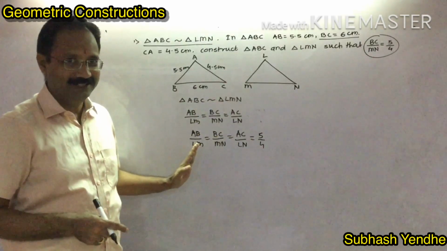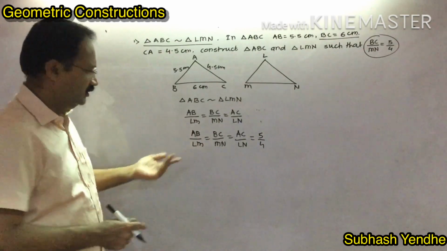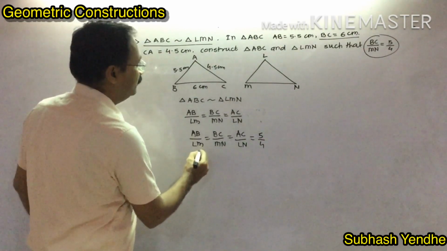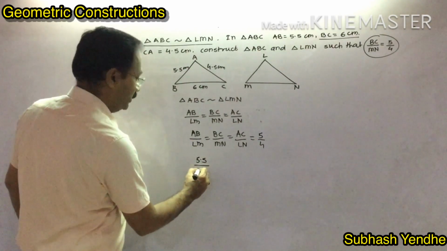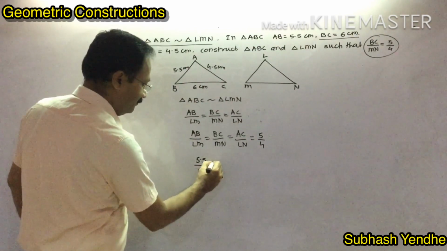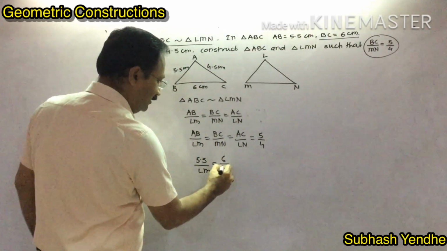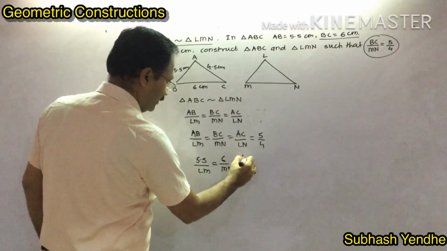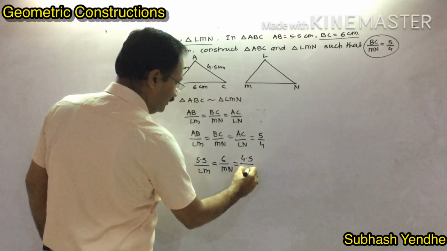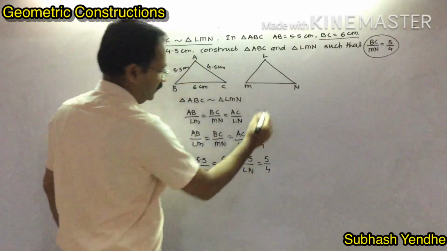This is a fantastic idea to remember, that all the ratios are the same. Now substitute the values. AB is given 5.5, LM is not given, BC is given 6, MN is not given, AC is given 4.5, LN is not given, and it equals 5 upon 4.